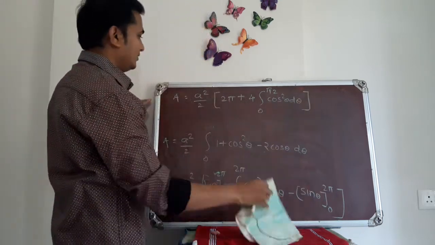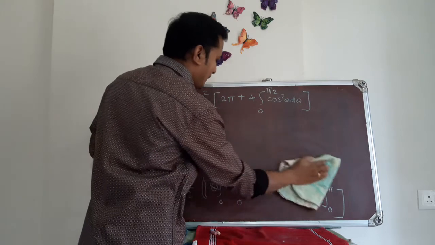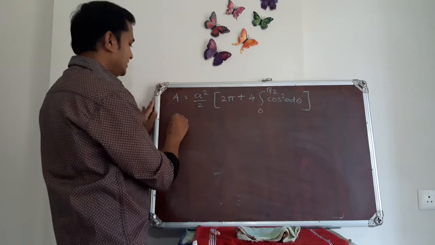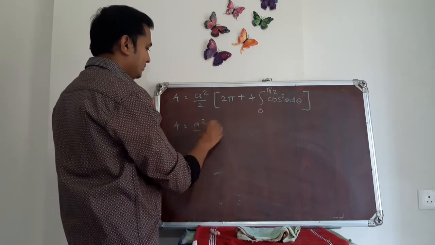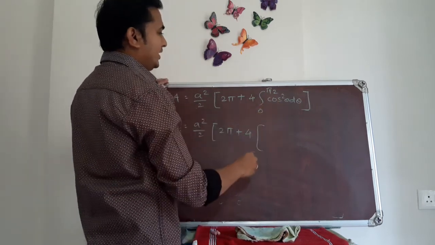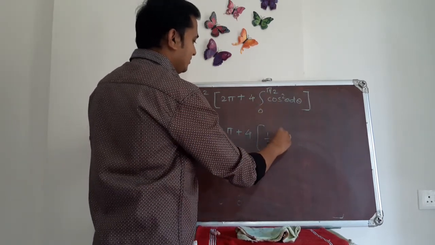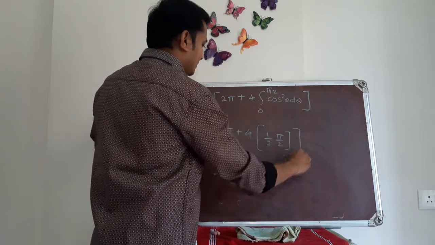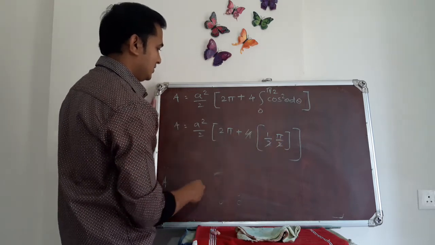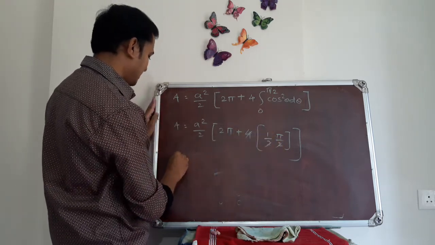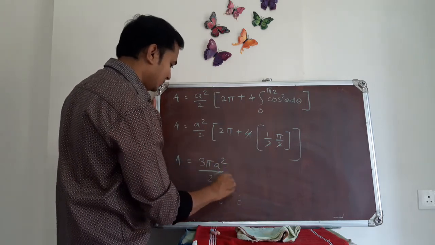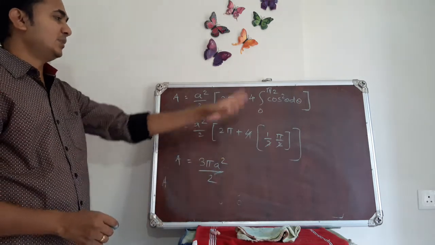Okay, so A is equal to a square by 2, this is 2 pi plus 4 into (n minus 1) upon n, so 1 by 2 into pi by 2. So this will get cancelled. So this is 2 pi plus pi, which is 3 pi. So A is equal to 3 pi a square by 2, which is the area of the complete cardioid.